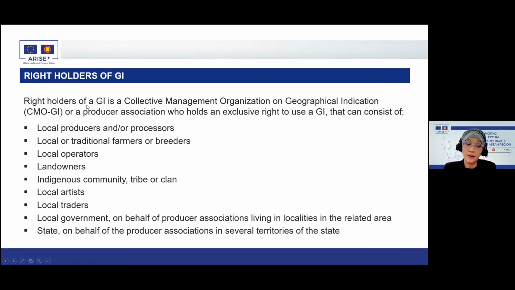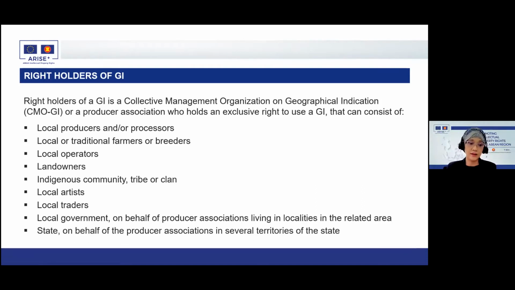Okay, and maybe we wonder who can be the GI associations or the community that holds a GI. Actually, right holders of a GI, we can say, are a collective management organization on GI, or CMOGI, or producer associations who hold an exclusive right to use a GI. They can consist of some forms of communalities.